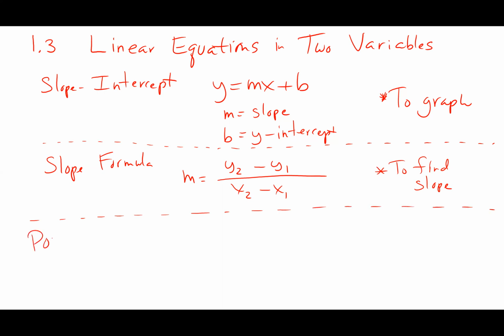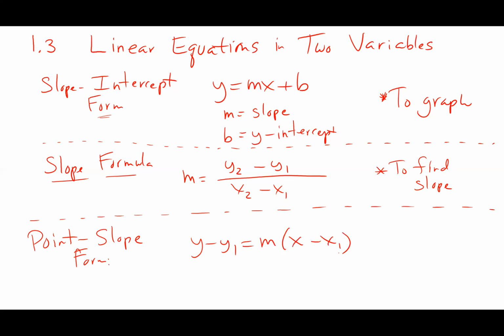All right, one more that we're going to use throughout this section is something called the point slope form. I should say form because these are all linear equations. That's why we say form, because it's a slope intercept form of a linear equation. This is just a slope formula. This is the point slope form of a linear equation. It goes like this: y minus y1 equals m times x minus x1. Cool.